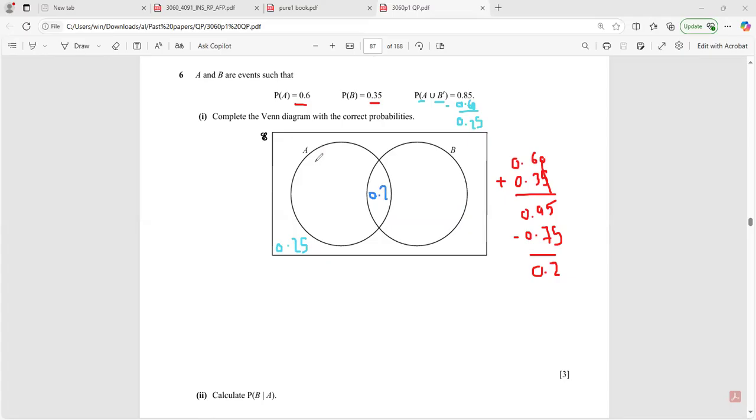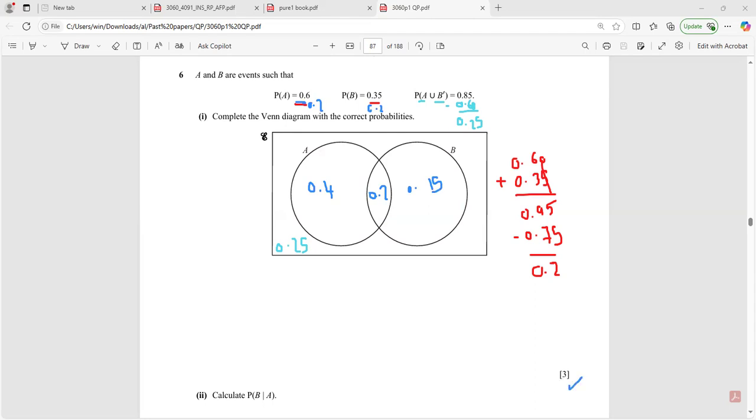Remember that you have the rules in the formula sheet. So the remainder inside here will be 0.4 minus 0.2. I'm going to subtract 0.2 from both, and its remainder is 0.15. And that is the end of this part of the question.